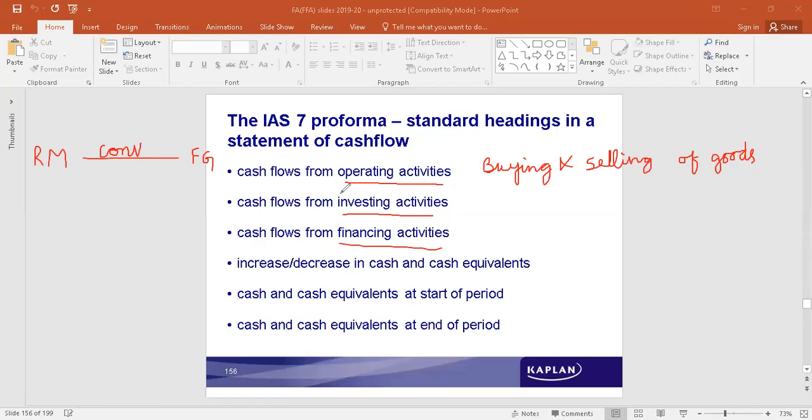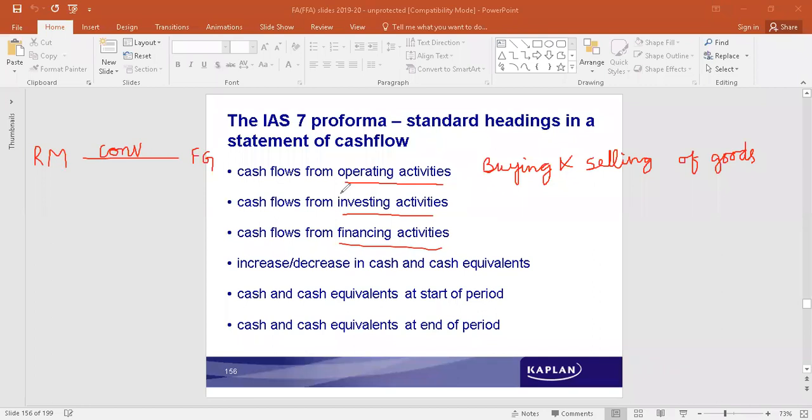Finances can be raised from multiple sources. One is from the owners contributing capital, or shareholders purchasing shares, or share capital raised from the shareholders. That's one type of capital.